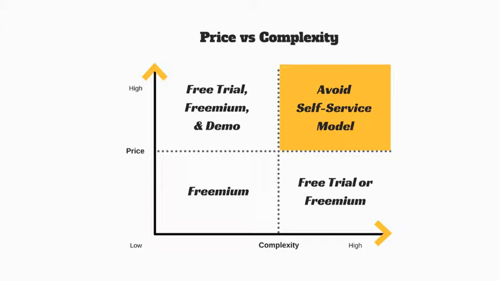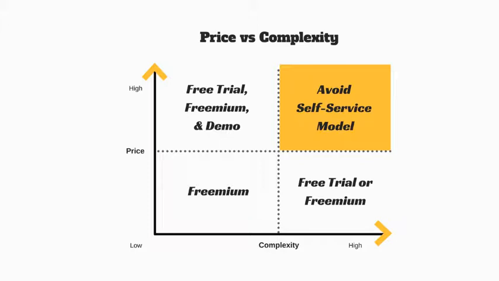But if your price is high and it's still not very complex, that means that there's a lot of options. And that's usually where a lot of people get confused because they say, okay, I could have a free trial, could still potentially have a freemium model, could have a demo. And that's often where you see a lot of hybrid strategies that work really well.